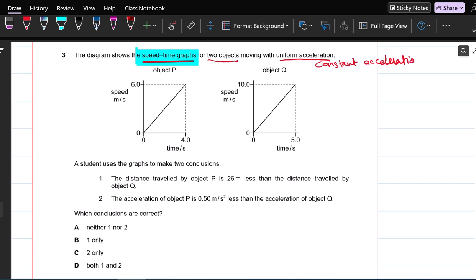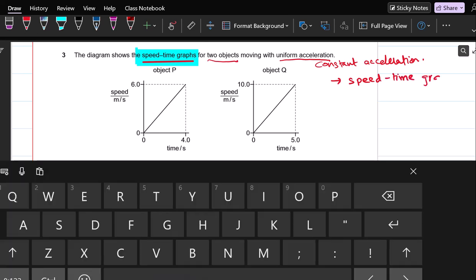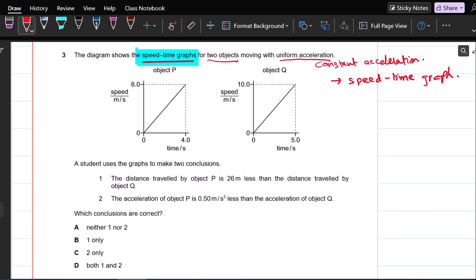And I tell again here one thing that students forget: whenever a speed time graph is given, never go to use the formula. Use gradient in a speed time graph to find acceleration.